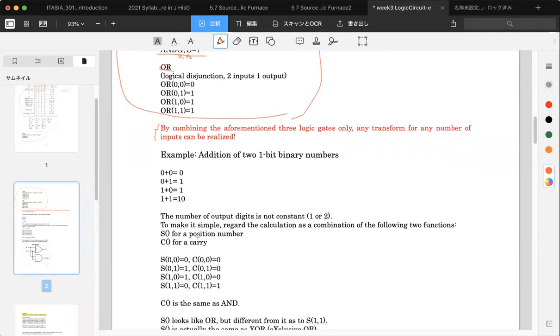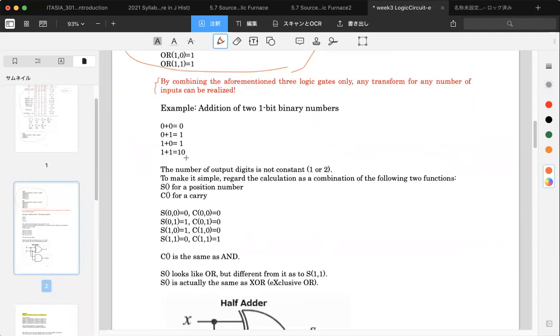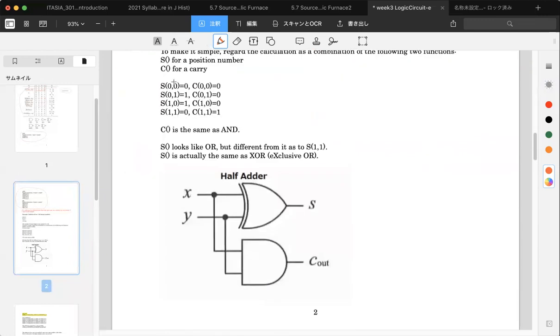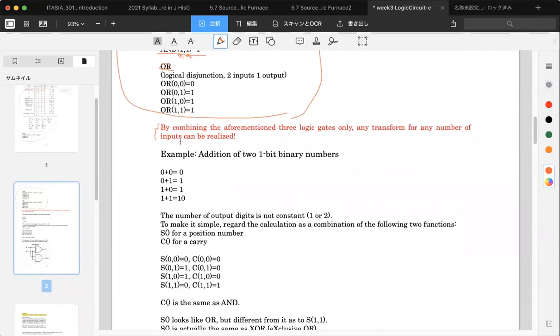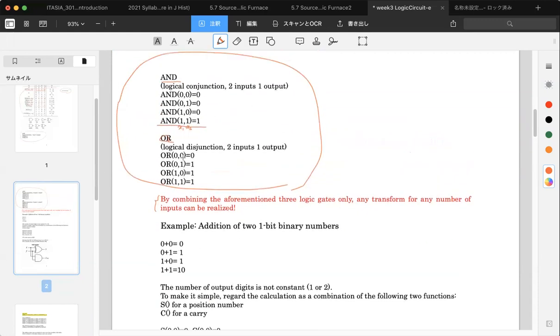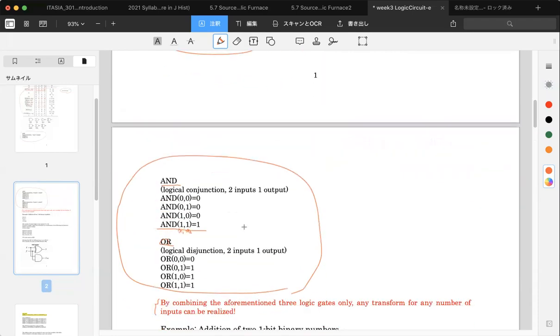I think that's what he means. And here are just examples of how you actually use binary system calculation to express everything these 3 logic gates can express.